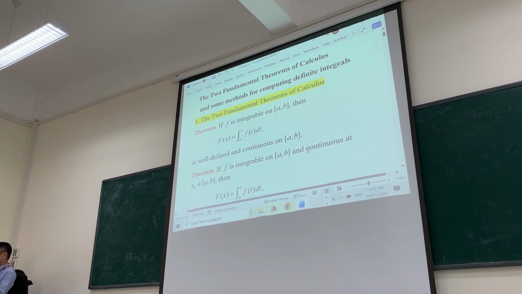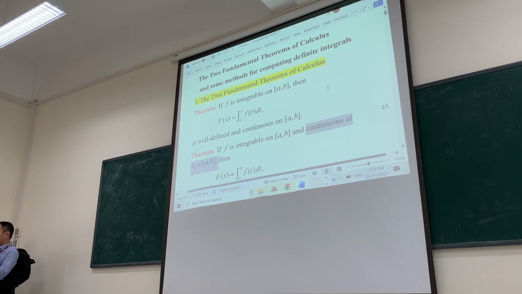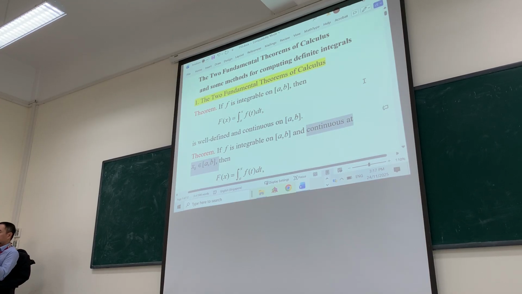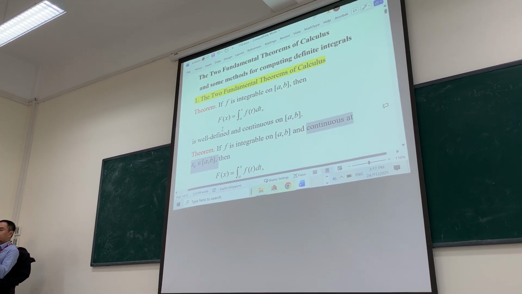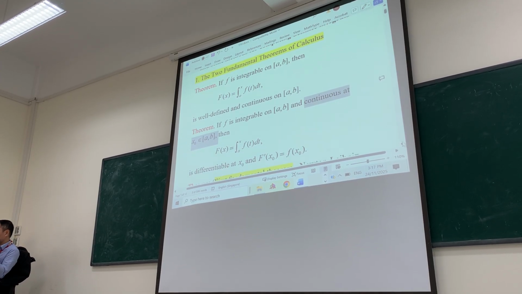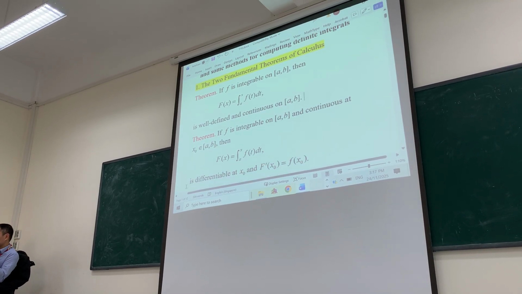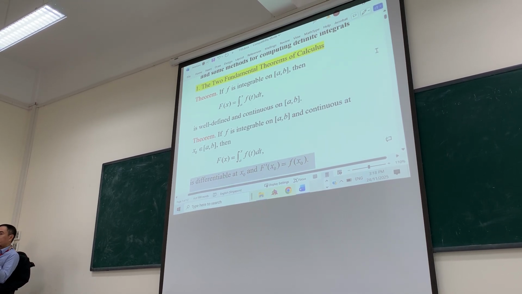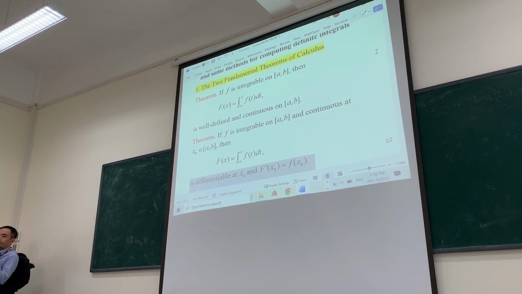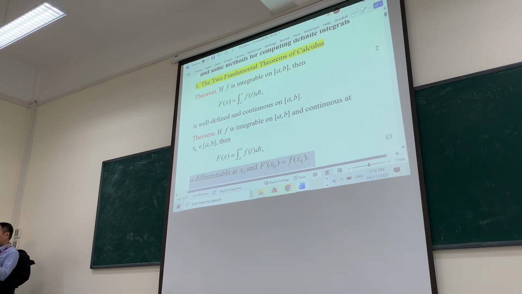In addition, if the function f is continuous at x, then capital F is differentiable at x. Okay, these two things you can prove directly, but we ignore the proof process.